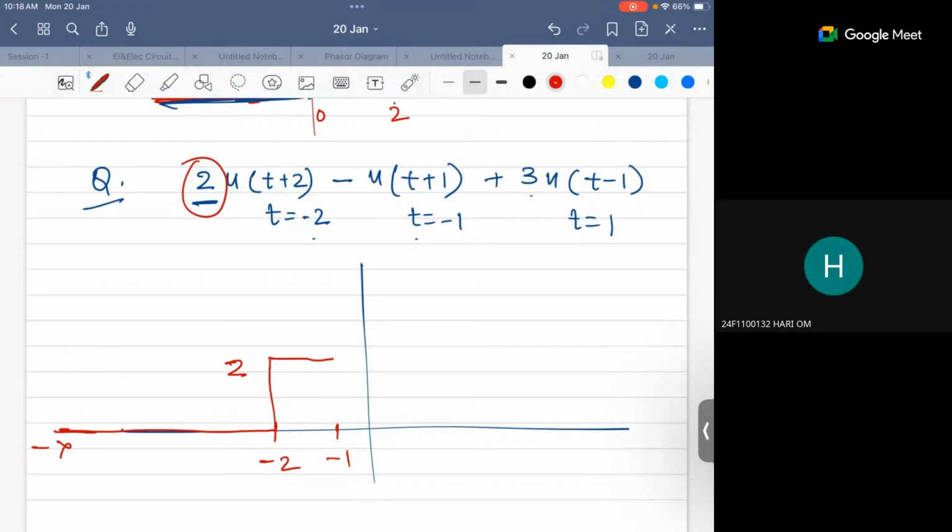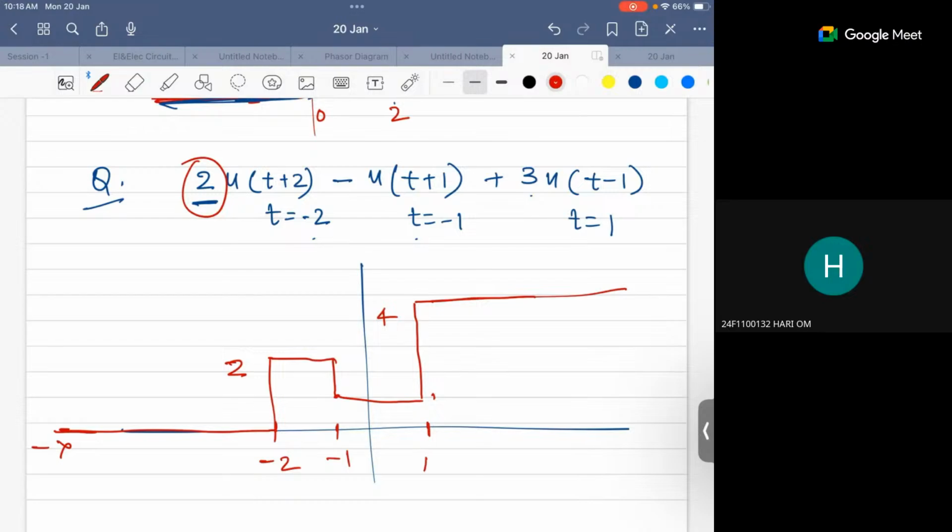It will go down, right? So it will come here to 1, and it will go till 1. Now at 1, there is a jump of 3, right? So from 1 to 3, it will jump, so there will be 4. Is it clear to everyone? How do you plot this type of function if you have just been given the summation of unit functions?